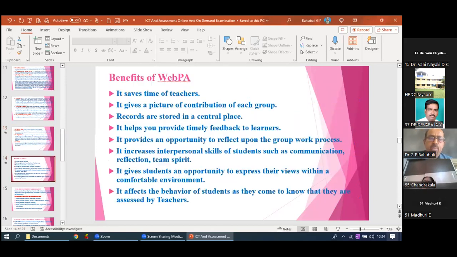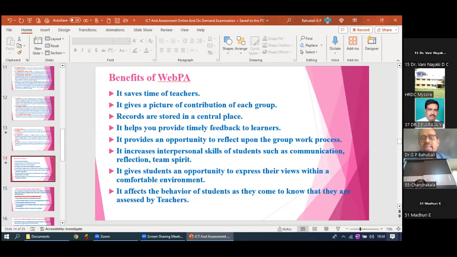Another one is the importance of WebPA. Why do we require it, and how does it help the system of assessment? One is it saves the time of the teacher. And it gives a picture of the contribution of each group member. Records are stored in a central place and provide timely feedback to the learner, which is the most important one.